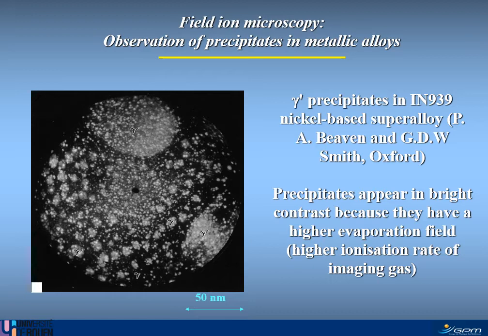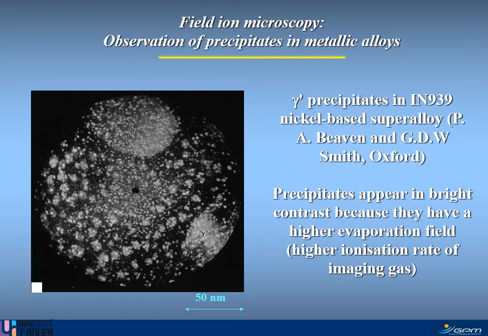So why is it brightly imaged? In fact, precipitates appear in bright contrast because they have a higher evaporation field. In a two-phase material, the two phases generally have different evaporation fields. And here precipitates have a higher evaporation field, leading to a higher ionization rate of the imaging gas.